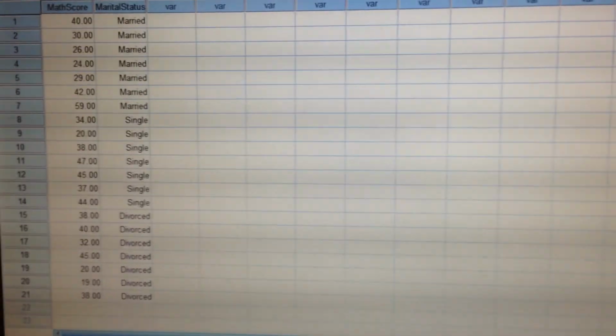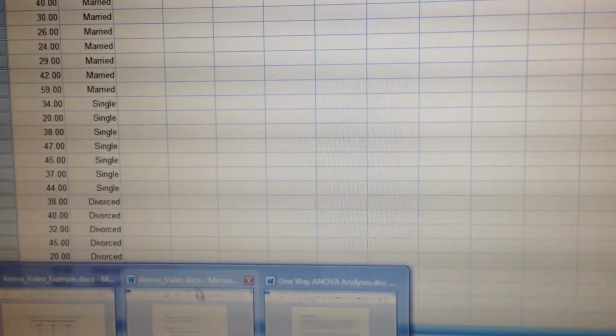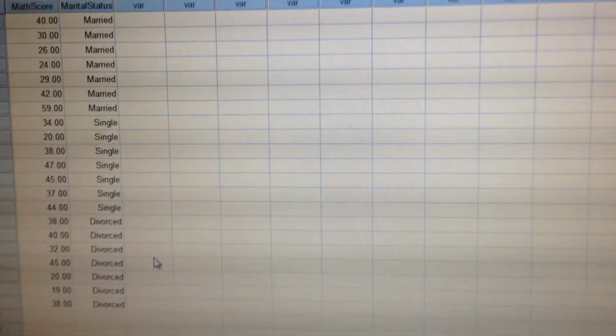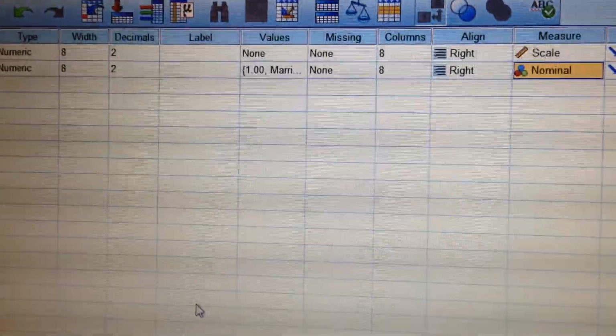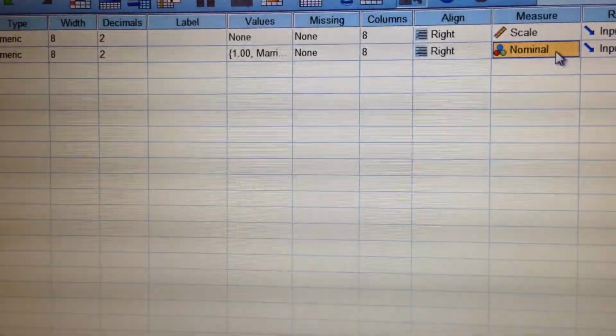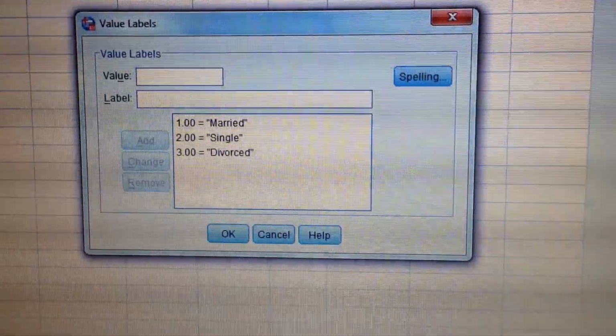Now, within Stata, I can code married, single, and divorced as a nominal variable and leave it as such. In this particular case, I coded it as interval data. And you can see over here I added value labels, if you remember how to do that.